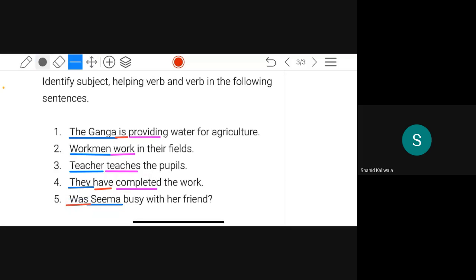No. Busy. Do you think busy is the verb? Which part of speech is it? Should I underline it?